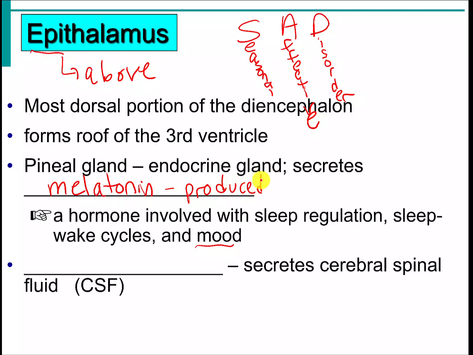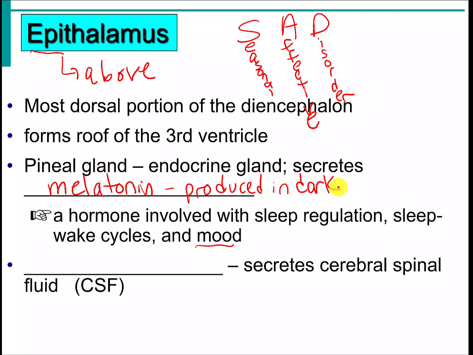So when the body is in the dark, you get more production of melatonin. In New England, of course, we have a lot of dark days in the winter, and so more melatonin is produced. Some people are sensitive to the effects of melatonin, and it can affect their mood in a negative way. Other people aren't affected by it.